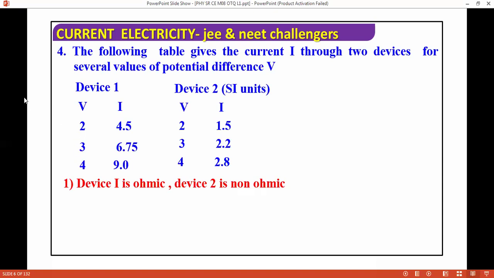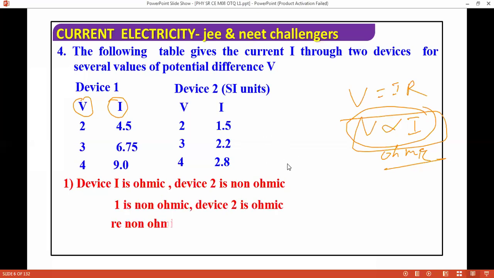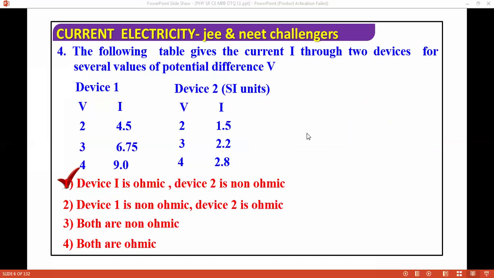The concept to apply is V equals IR: since voltage and current are available, the relation between voltage and current should be directly proportional. If it is directly proportional, it is ohmic; otherwise it is not ohmic. Check each device one by one. The option will be device 1 is ohmic and device 2 is non-ohmic. I hope you understood how to approach these questions.